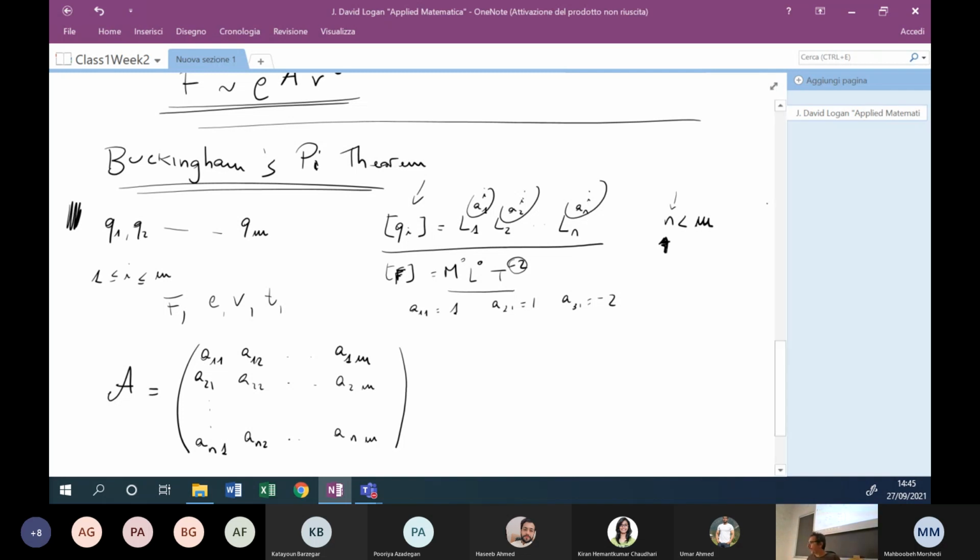Yes. Now, suppose that R is the rank of the matrix A. What does it mean? Do you remember what the rank of a matrix is?